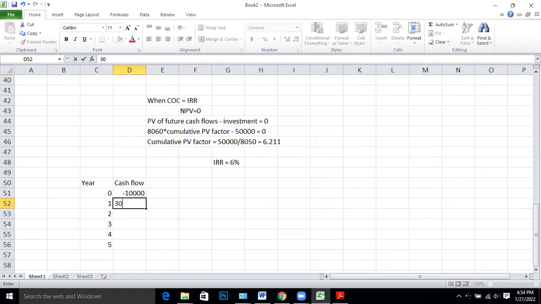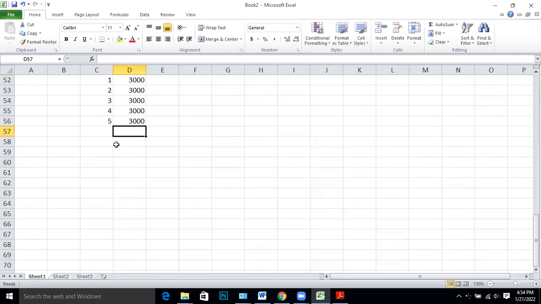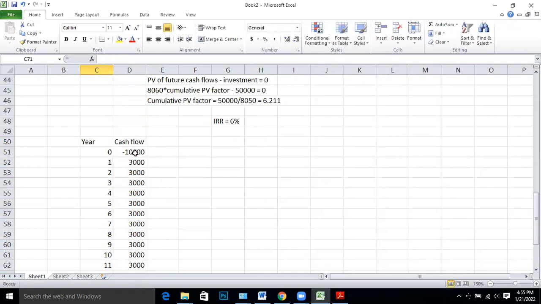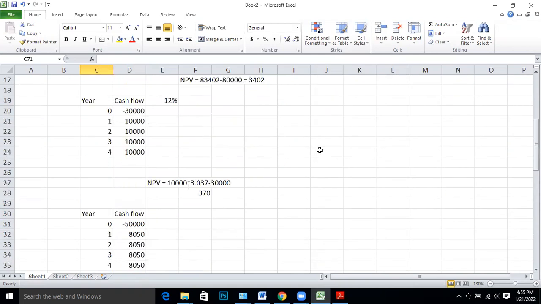Every year you get 3,000, 3,000, 3,000. It continues forever. It doesn't finish. So if this is the case, we call it perpetuity.